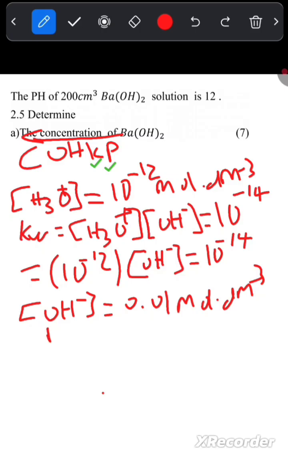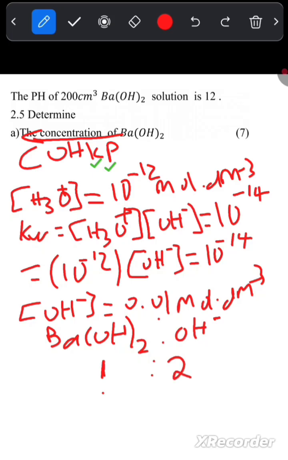Now to get the concentration of barium hydroxide, what is the ratio between the two? In one barium hydroxide, we have got 2 hydroxide ions, two OH minuses in one base.